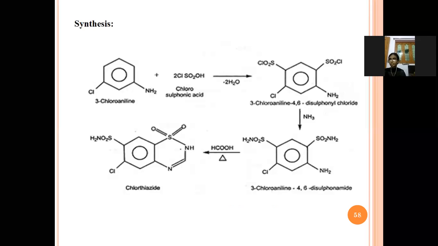Next, synthesis. So the starting material is 3-chloroaniline. See here in third position the chlorine atom is there. So it is 3-chloroaniline when it is reacted with the chlorosulfonic acid.